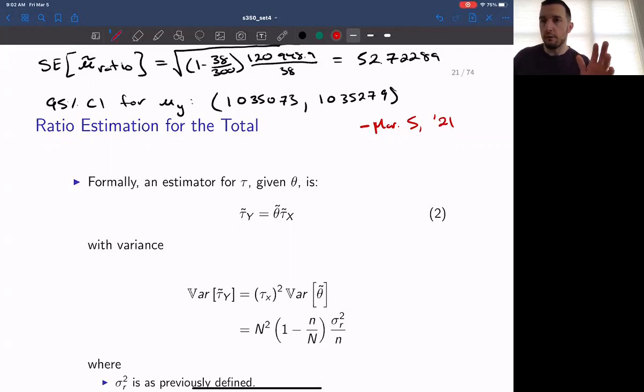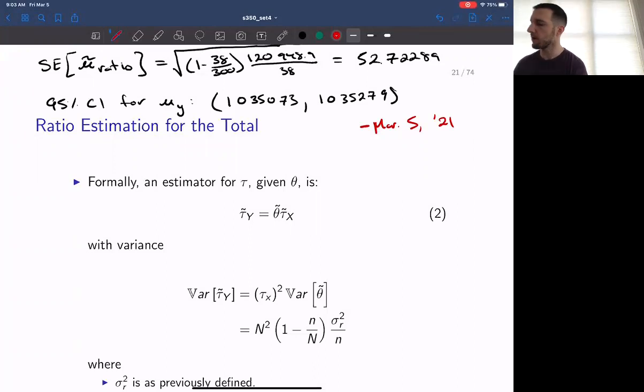We can also use ratio estimation to find estimates for a population total, tau, or a population proportion, which we can call pi or little p. Now you can imagine that the procedure for estimating tau is going to be very similar to what we saw when we estimated the population mean.